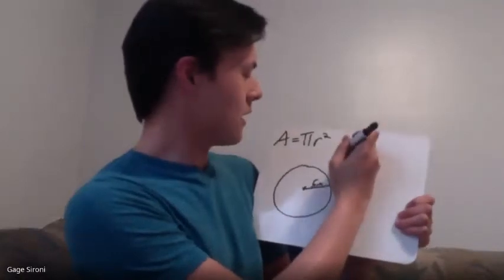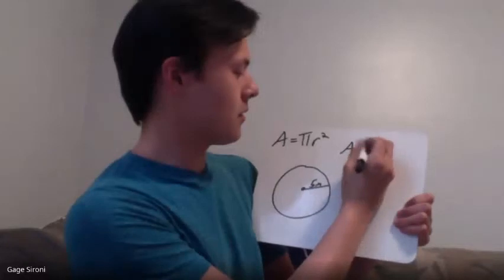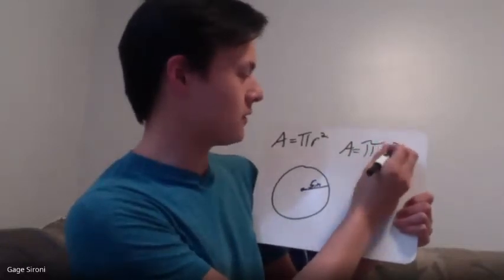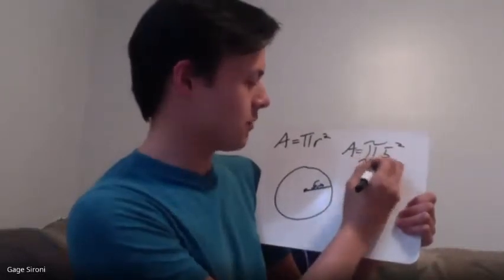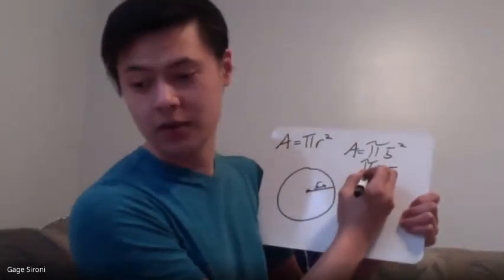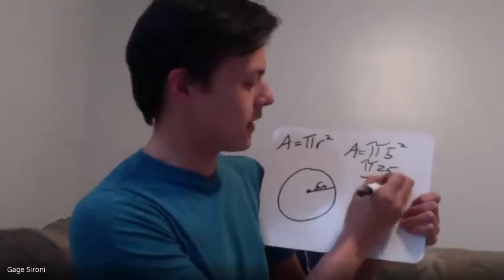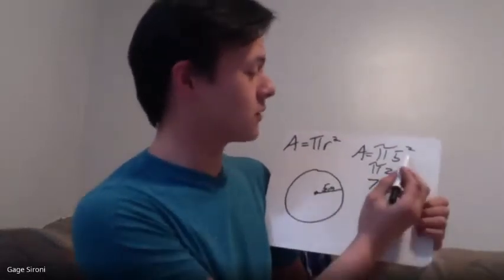So it's going to be area equals pi times 5 squared. 5 squared is 25, so pi times 25, and that equals 78.5 inches. Thing to be careful of is we're dealing with square units.